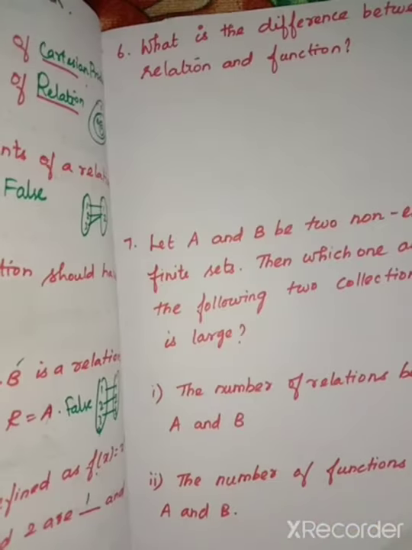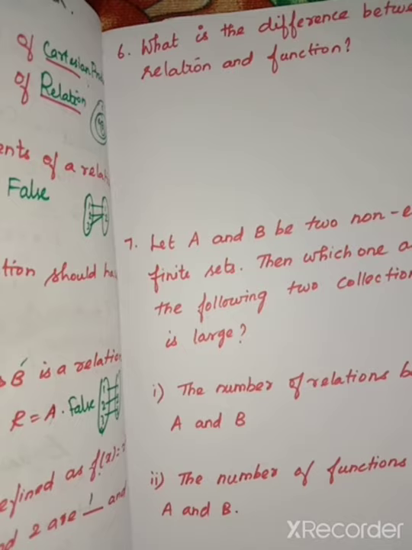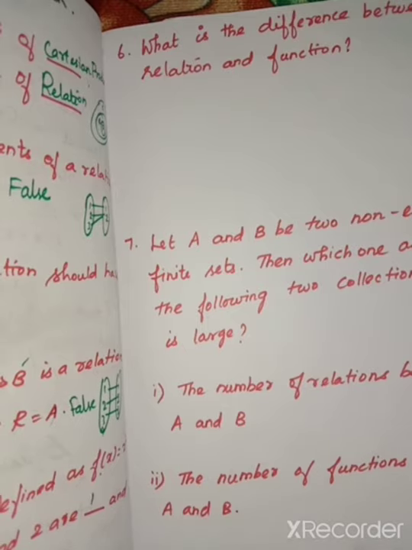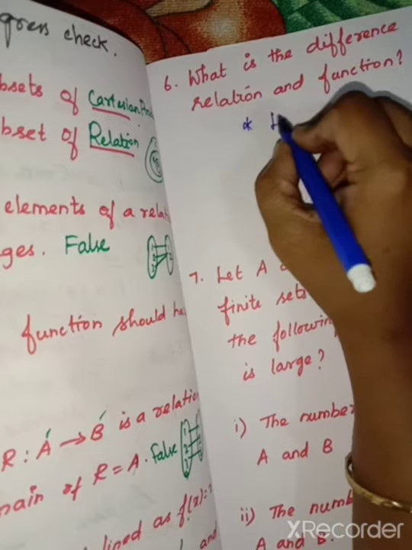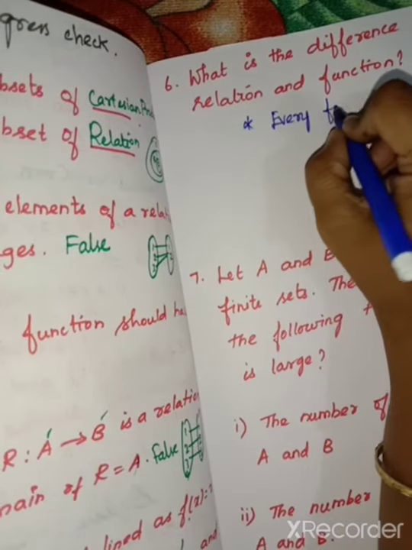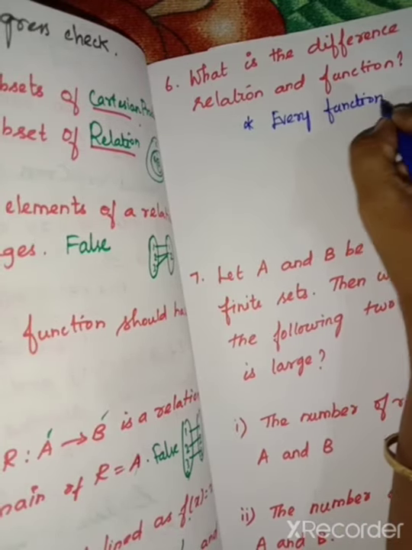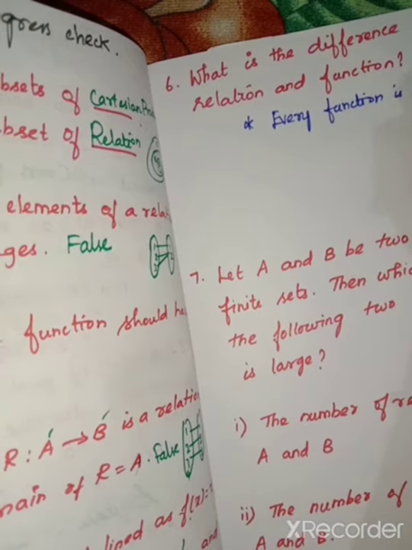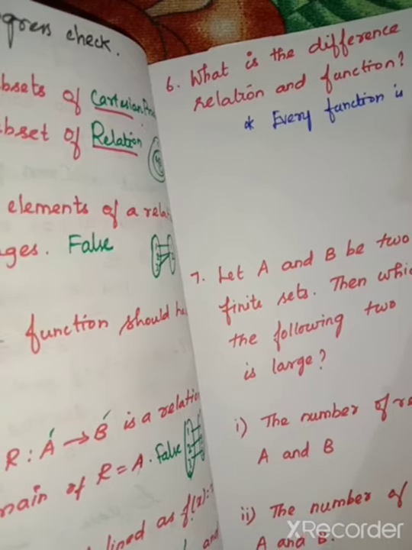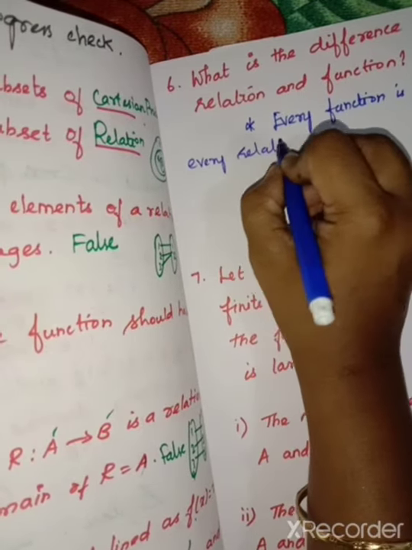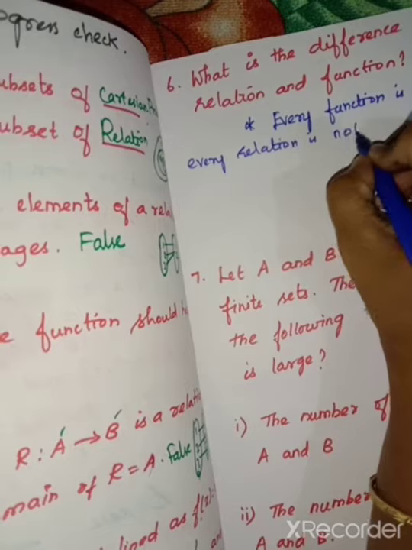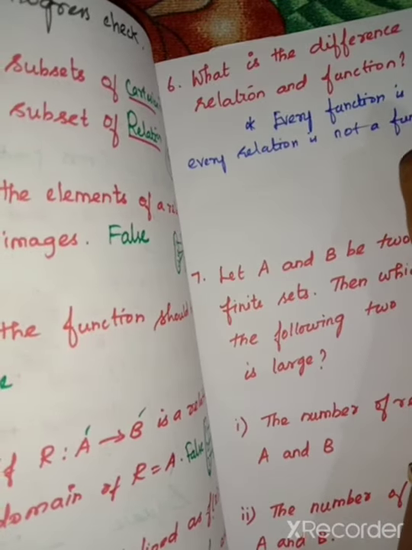Then we move on to the sixth question. What is the difference between relation and function? So totally there are 2 points. If you write even 1 point in the exam, it is counted correct. That is, every function is a relation, but every relation is not a function.